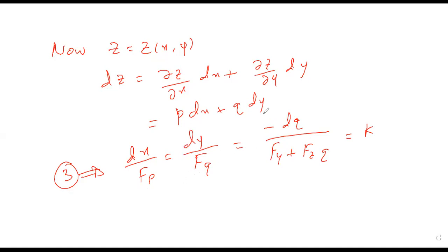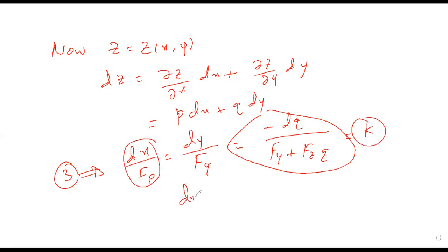From that, forget about this one; take only this term and this term. dx is equal to Fp k, and similarly dy is equal to Fq k. So we can substitute this. What is dx? What is dy?